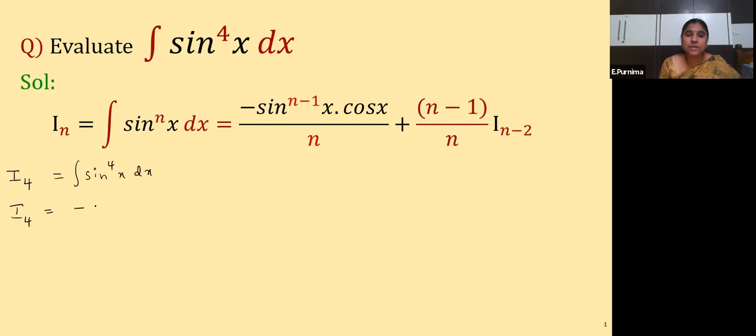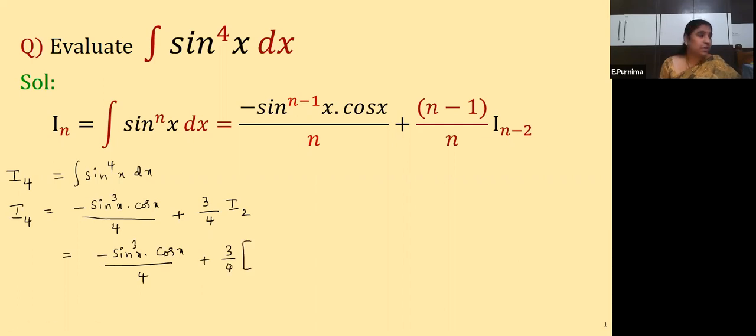So minus sin to the power of 4 minus 1, 4 minus 1 is how much? 3. x into cos x by 4. n is how much here? 4. So by 4 plus n minus 1, 4 minus 1 is 3, by n, that is 4, into I, 4 minus 2 is 2, I2.